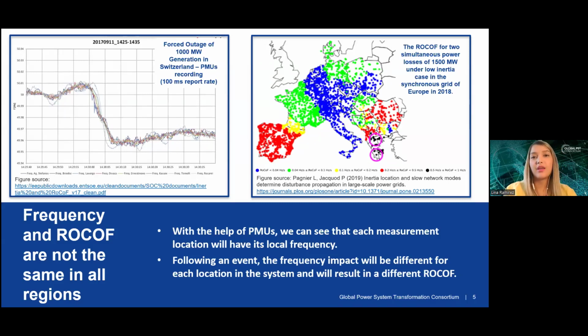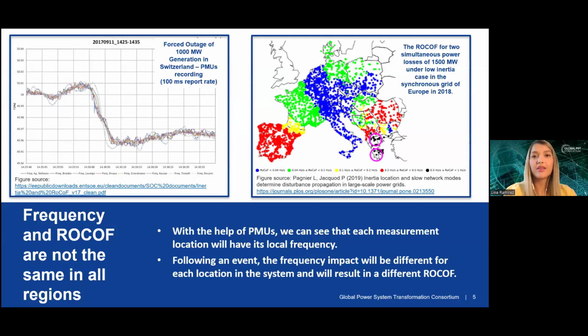So we can have a really low system strength in some areas that can change the amount of response of the system and can change the recovery and the nadir. So we have here an example on the left, a real system where we have different frequencies in every point, taking into account the measurements of PMUs. So there is one important point: we cannot consider that the frequency is the same in all the points.